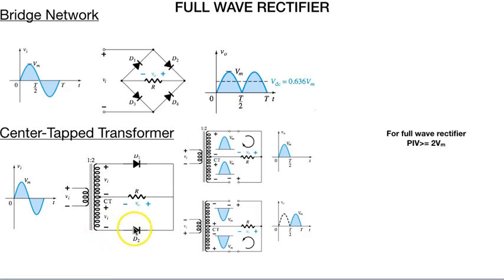It passes through the D2 diode and through the resistor R, and there is a voltage drop at resistor R. D1 will be open circuited at this point in time, as shown in both graphs. Kindly look at the graphs and go through them.